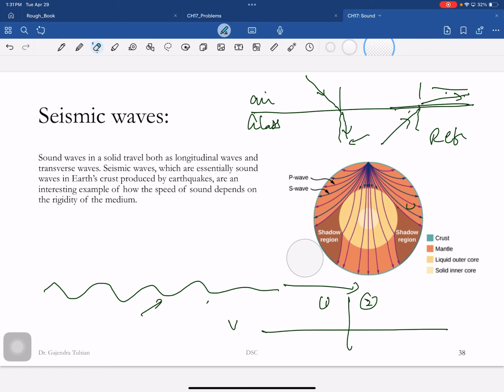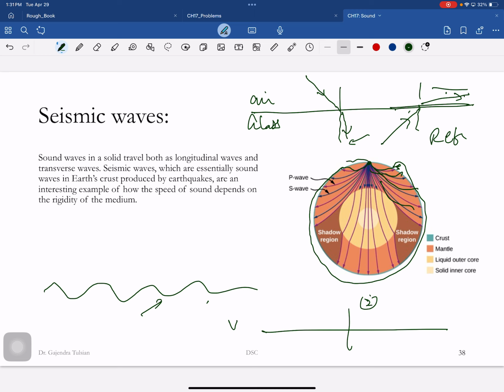So here's how we got this picture. An earthquake happened here, and you have seismometers all around the world, and these heard the earthquake. So you can reconstruct the path, and this travels like that, and this travels like that.